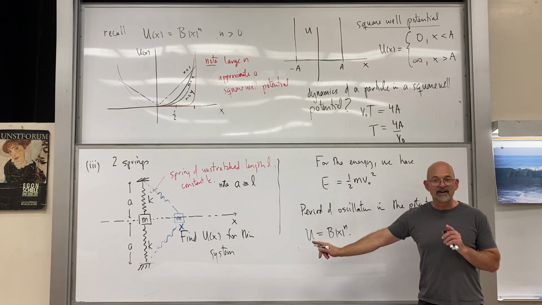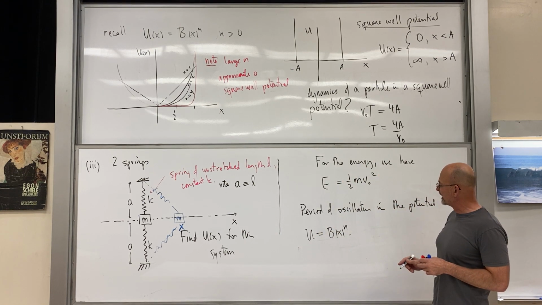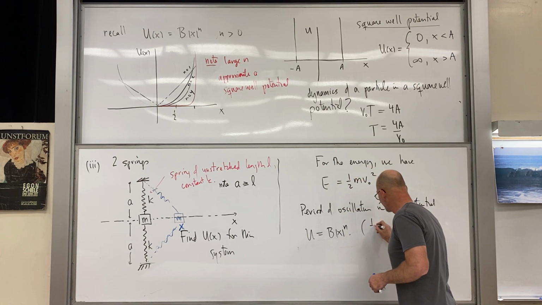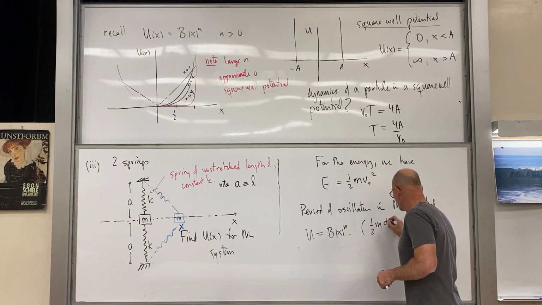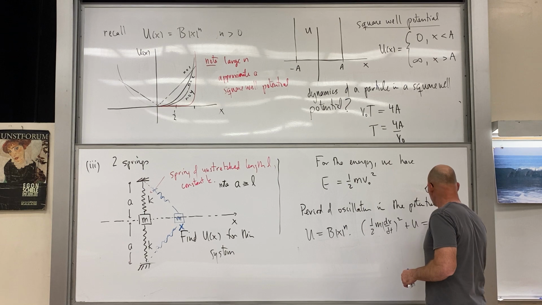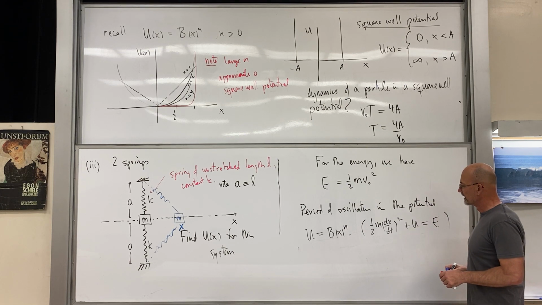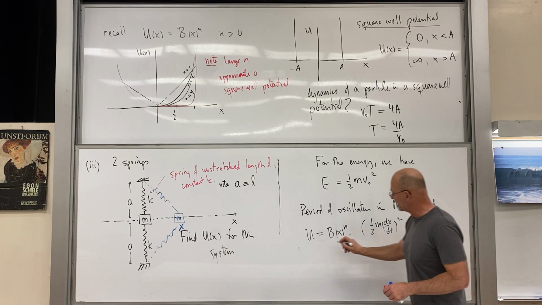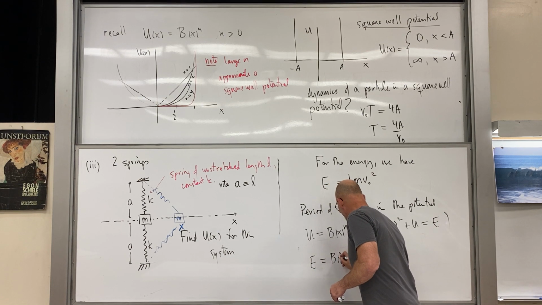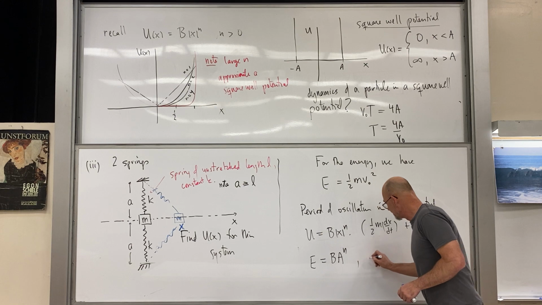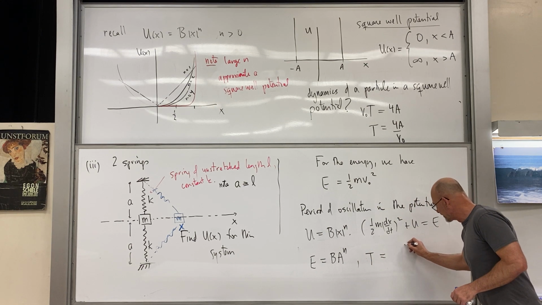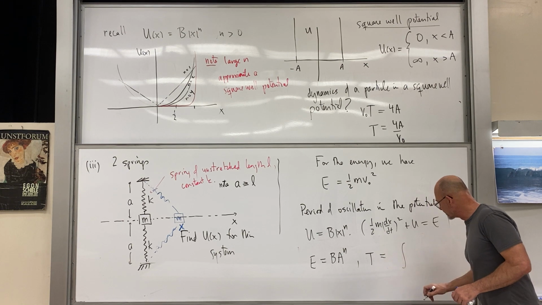We have that in our notes, we'll just write it down again. Just to remind you, we get that from 1/2 m (dx/dt) squared plus U is equal to E. In this case, we have E equals B A to the n, and T was equal to, do I remember this? Leave a little space right there.